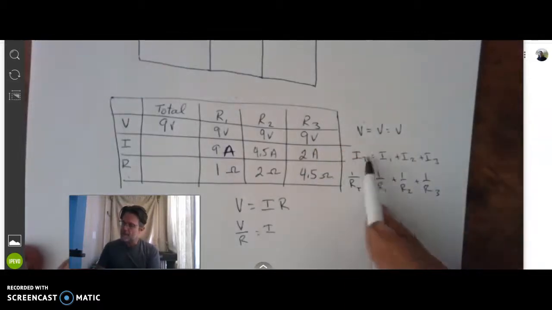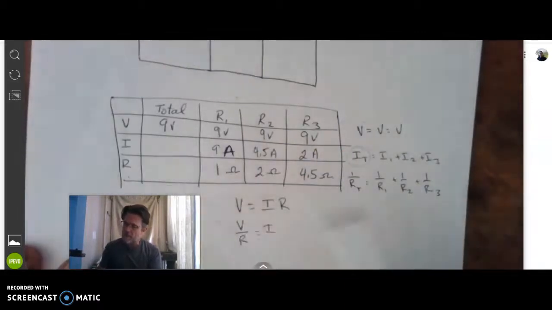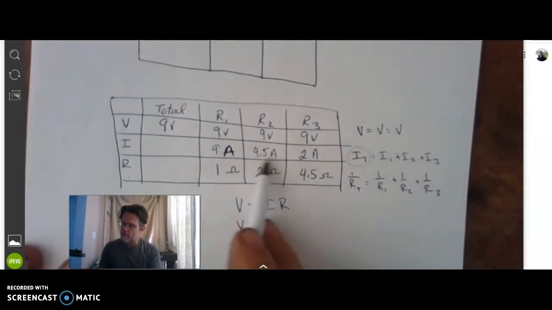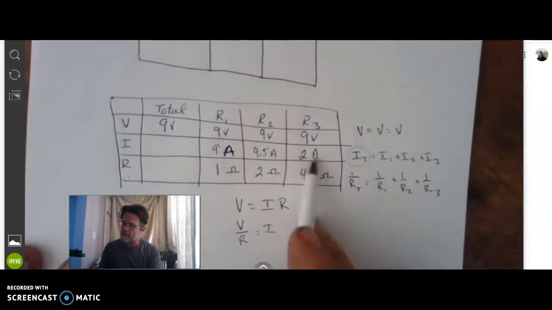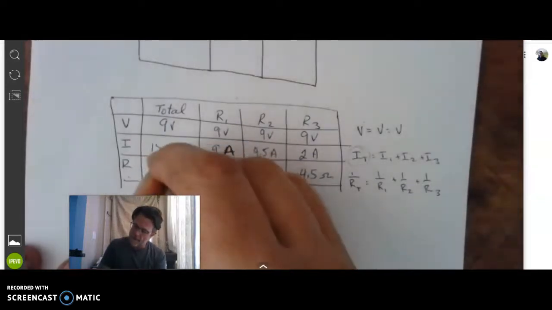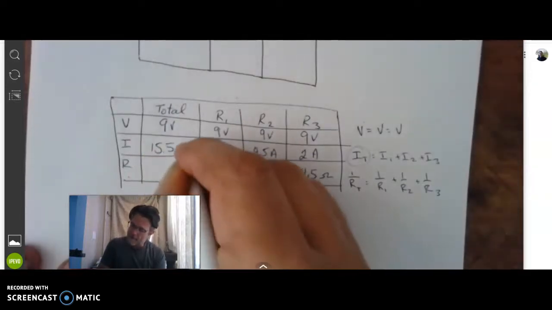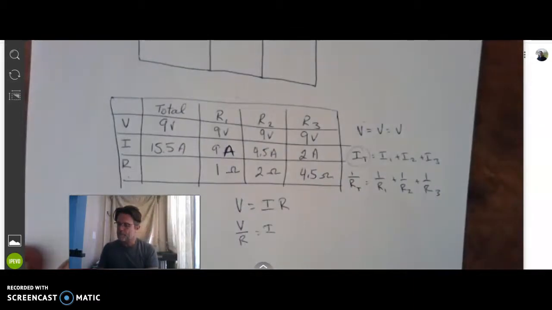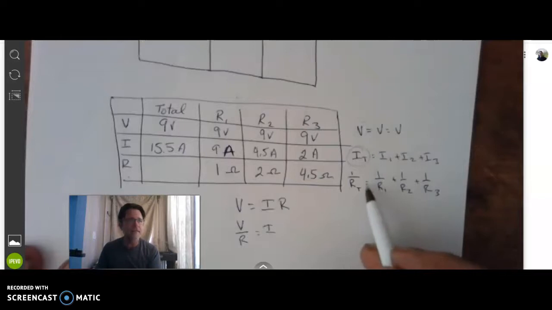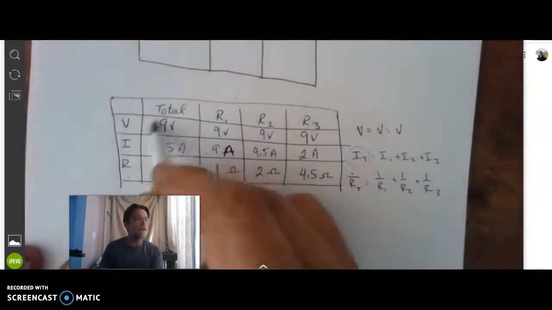Okay, now here the IT, that would be the sum of all these. So we've got 9 plus 4.5 plus 2 is going to be 15.5 amps.